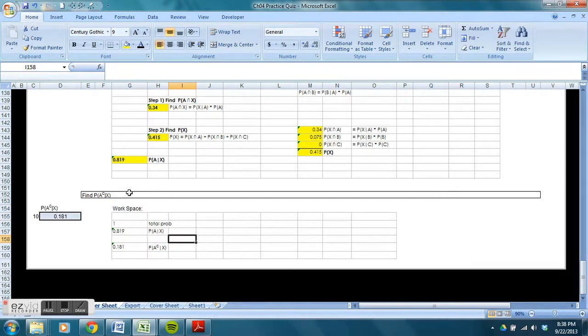Find the probability of A complement given X, or the complement of A given X. What's important to remember here is the complement of anything is just 1, the total probability, minus the original, so the probability of A. And as long as the same thing is given in each case, then that is true.